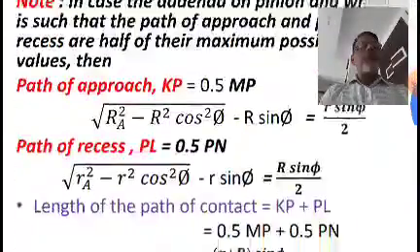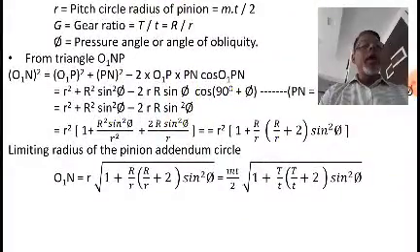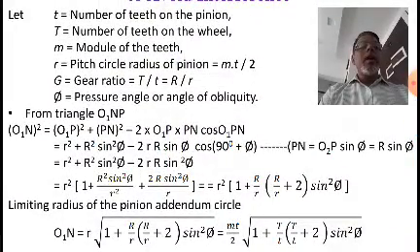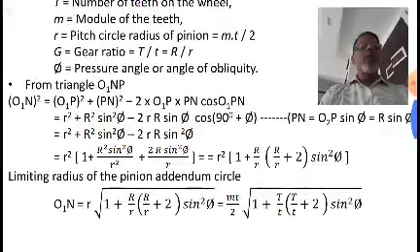So cos of 90 plus phi, and now we can write that cos of 90 plus phi is minus sin phi. So sin phi, and this is also sin phi, so that becomes sin square phi. So r square plus capital R square sin square phi minus 2 times small r capital R sin square phi.